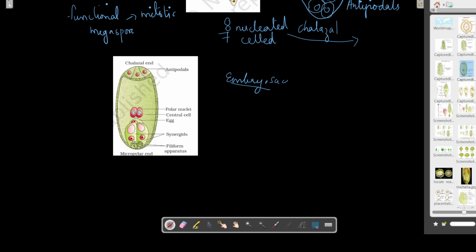Remember, whenever the figure is flipped upside down, you must always note the chalazal end and the micropylar end. The chalazal end carries the antipodals. This is the central cell with the polar nuclei, and here are the synergids at the micropylar end with the egg. And in the synergids, you can see a special structure called the filiform apparatus. We will be talking about the significance or function of this filiform apparatus.